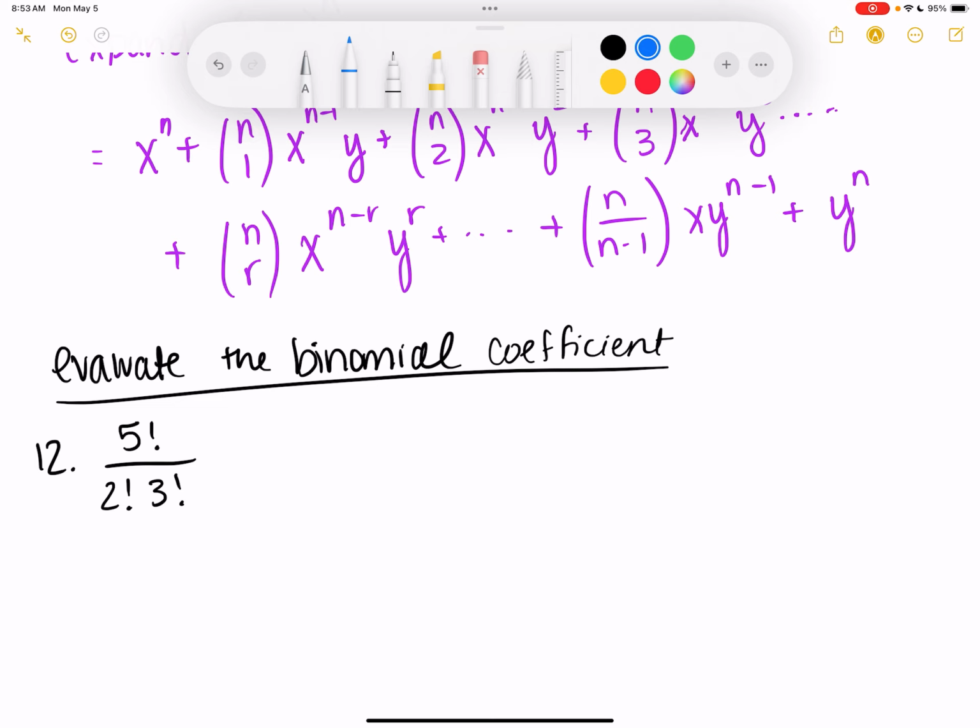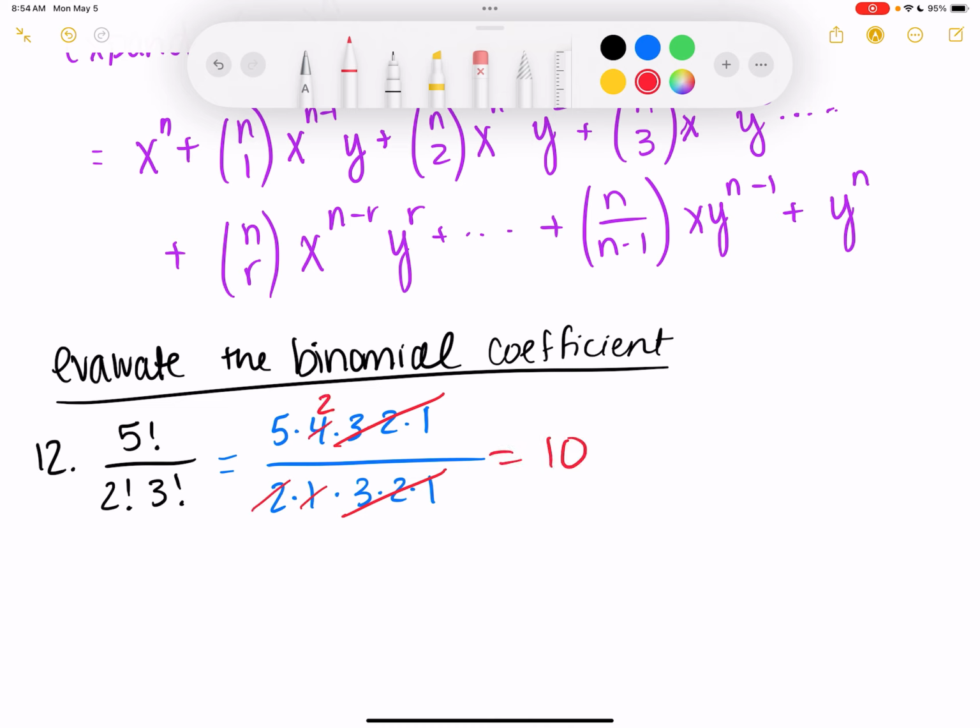So this would be equal to 5 times 4 times 3 times 2 times 1 over 2 times 1 times 3 times 2 times 1. So at this point, I would cancel out this 3 times 2 times 1 on the top and the bottom. Obviously, that other one can go. 2 goes into 4 2 times, so that would be 10.